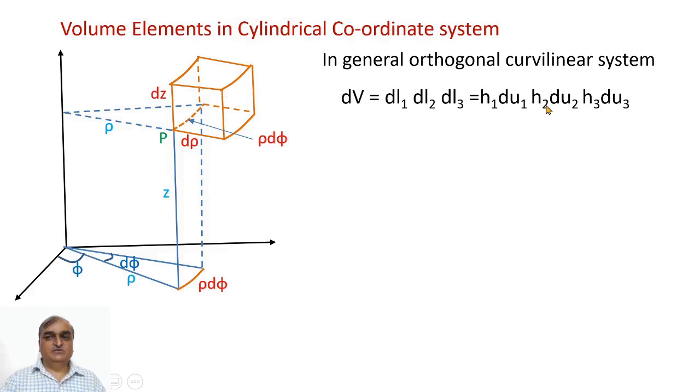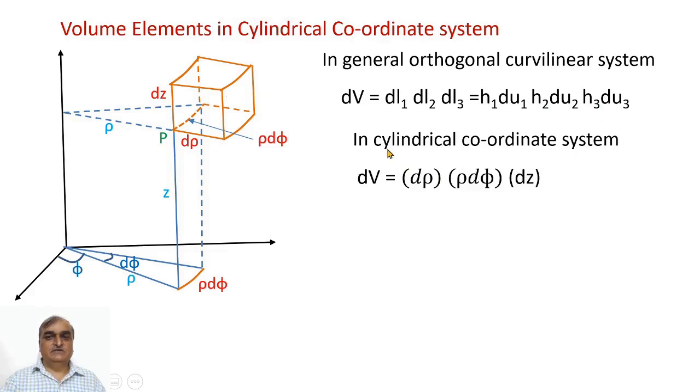In cylindrical coordinate system, h1 is 1, du1 is d rho, h2 is rho, du2 is d phi, h3 is 1, and du3 is dz. Therefore, dv is equal to rho d rho d phi dz. This is the volume element in cylindrical coordinate system.